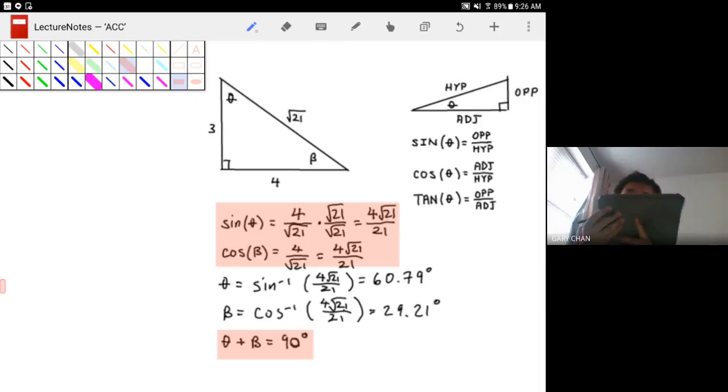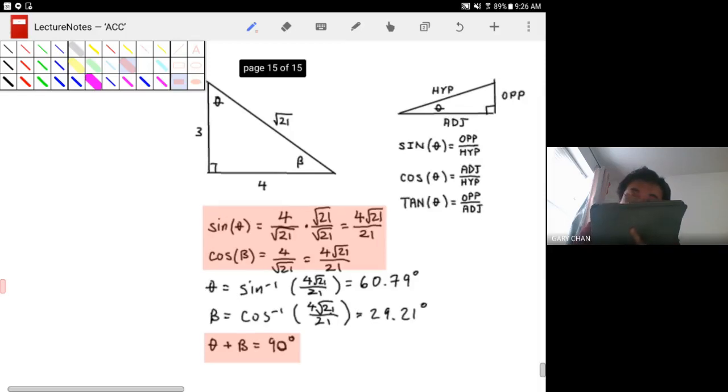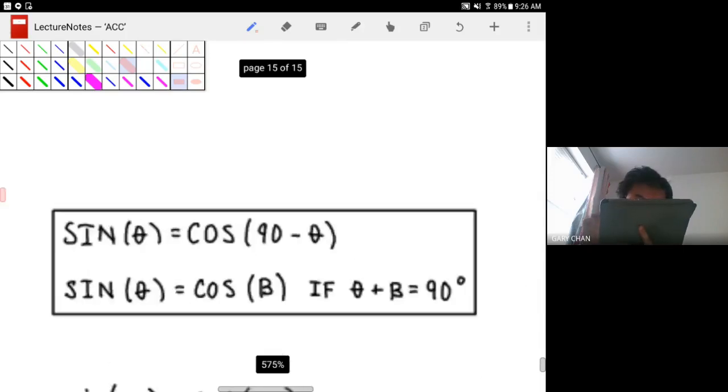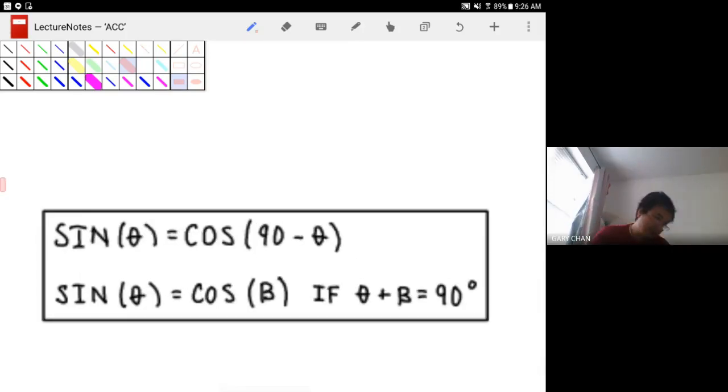So I want to talk about how we can maybe generalize this. What has to be true then is, we can jump to this conclusion right here. Can everyone write that down?